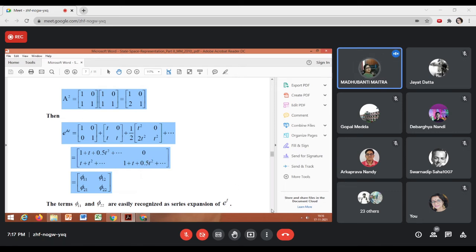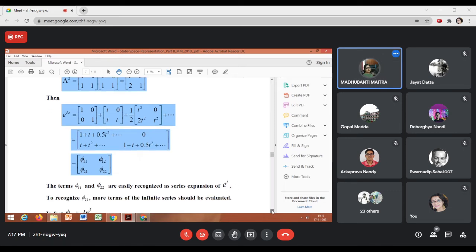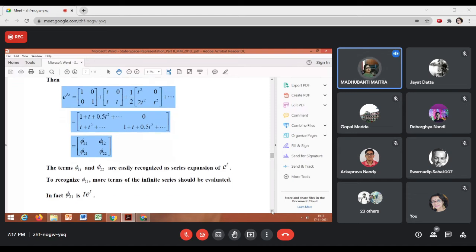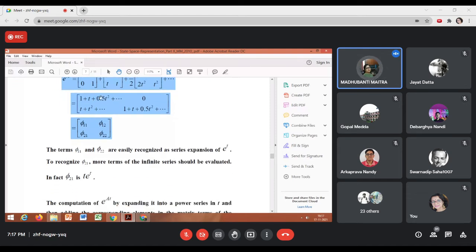So if you compute A cube and A square, since A is a 2 by 2 matrix, the elements have been represented as phi 11, phi 12, phi 21, phi 22. Now phi 11 will be clear if you compute A cube, A to the power 4, and you will find that it will converge, and it will be simply e to the power t.